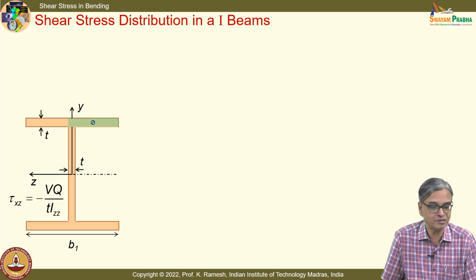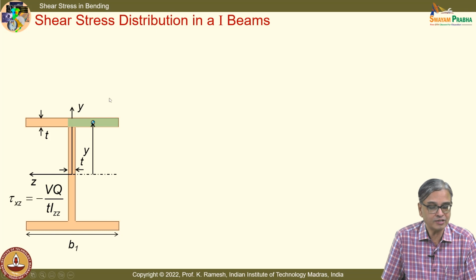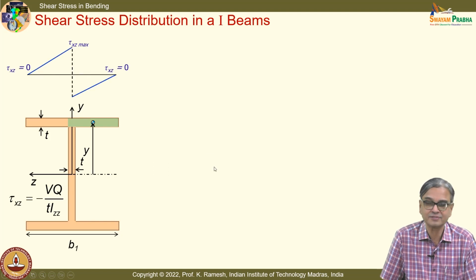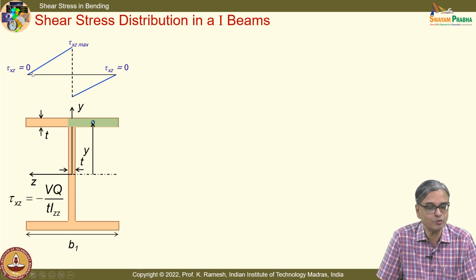So the shear stress will be 0 here, and it will vary linearly, reach a maximum in the junction and die down. Since we have put this as negative, this is what is shown here. Tau xz is 0, it reaches a maximum here and then goes to 0.